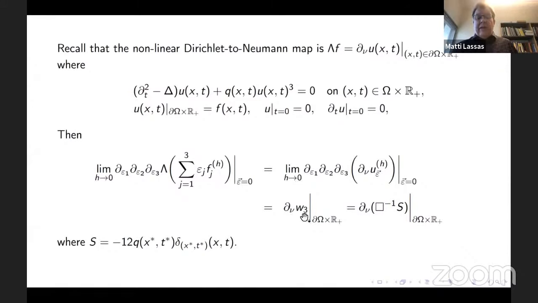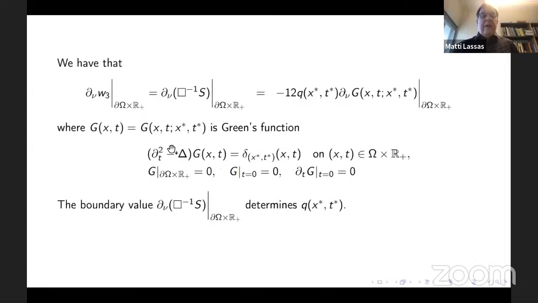I am left with the normal derivative of 3rd order interaction wave, and this 3rd order interaction wave, which is written here, is the solution of the wave equation with source S, where S is a constant times delta distribution. So let's use theory of partial differential equations to say what is the solution of the wave equation when the source is constant times delta distribution.